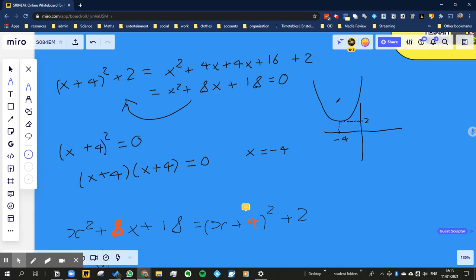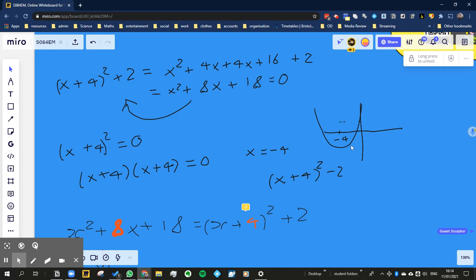If it did equal 0, however, for example, if it ended up being something like x plus 4 all squared minus 2, then instead of the minimum point being at plus 2, it would be minus 2. So it would look like this.